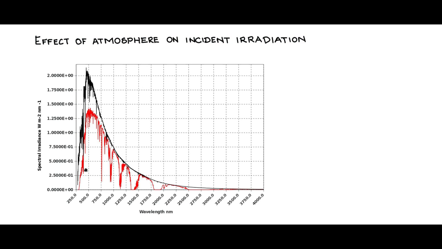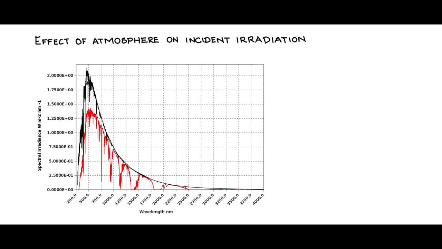If I superpose the spectral irradiance pattern after it has gone through the atmosphere, after it has gotten attenuated due to the various factors in the atmosphere, we see a pattern something like this. The one in red is the one with atmospheric effect.